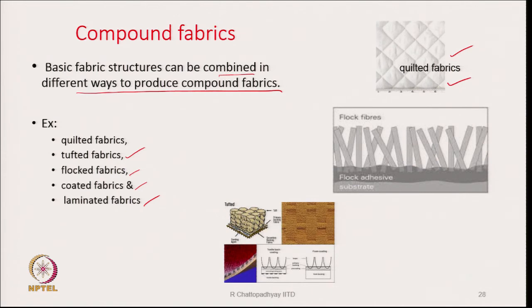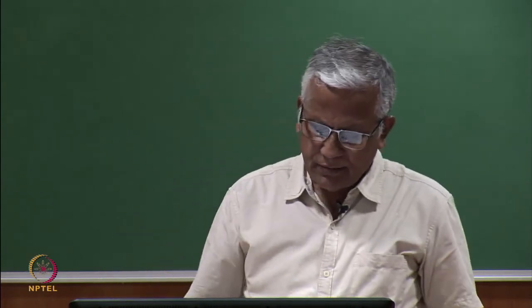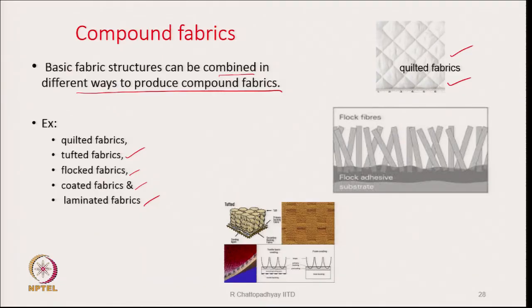And quilted fabrics are used as comforters or other applications are there, and in let us say for extreme cold weather garments, if you want to produce, we have to go for quilted type of fabric there, so that we can create a lot of insulation in the fabric. So, there are different types of techniques which are there to produce quilted fabrics.